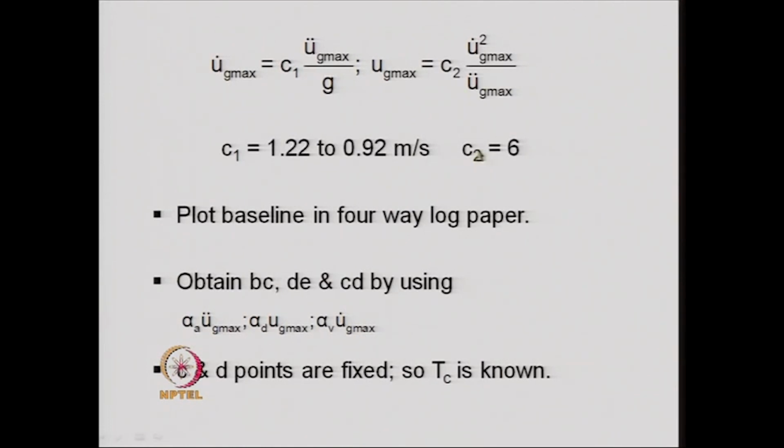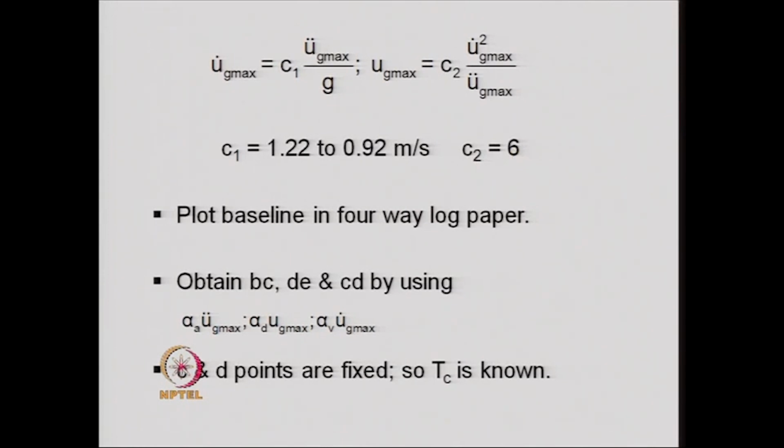That is, if any one of the quantities, say the maximum ground acceleration, is given, then with the help of that one can find the peak ground displacement and peak ground velocity using these constants C, C1 and C2.